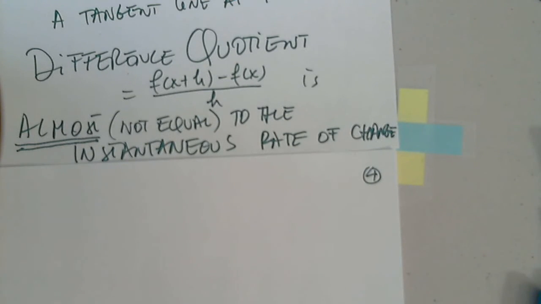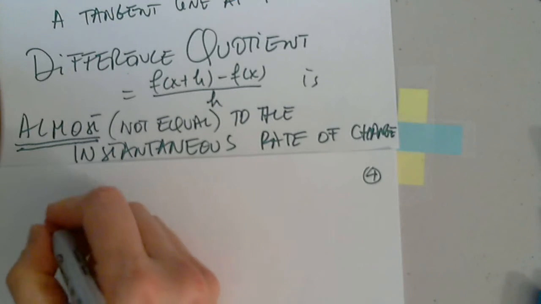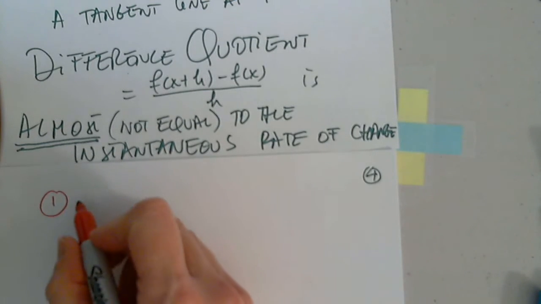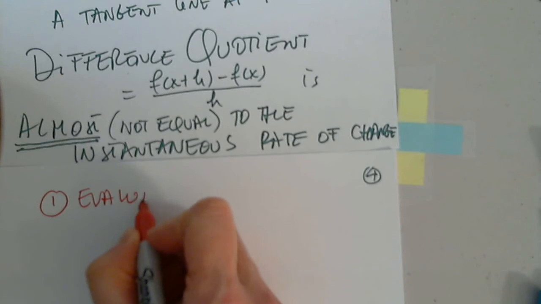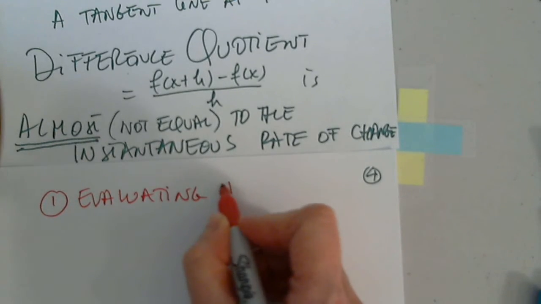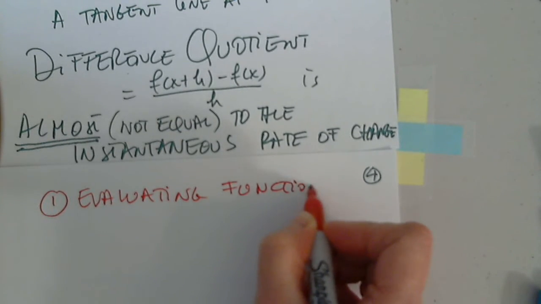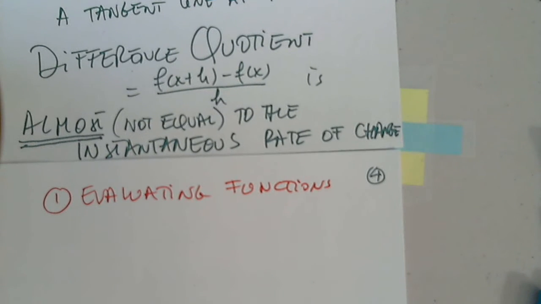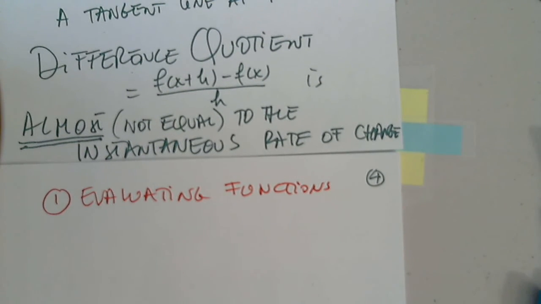So why are we talking about this now? We're talking about this right this moment because number one, I want to review with you evaluating functions. So we established those concepts from the beginning.